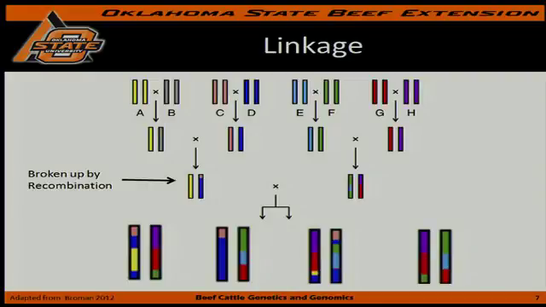When we mate this generation together, we end up breaking up those blocks even more. So you can see how we start with large blocks within the genome, and over many different generations, we break those blocks up, and we end up with lots of colors down here, because we've broken up those blocks of linkage information. So you can see how that breaks down pretty rapidly over time.